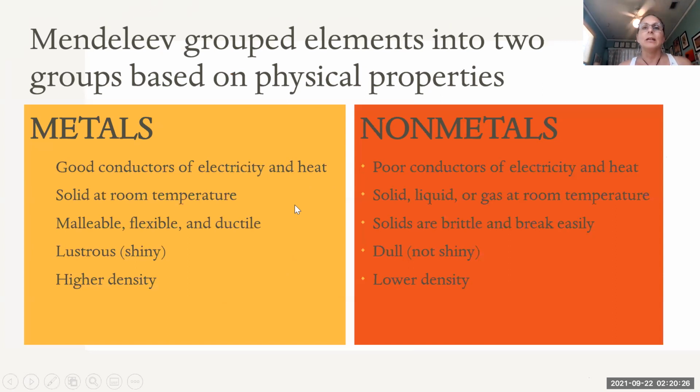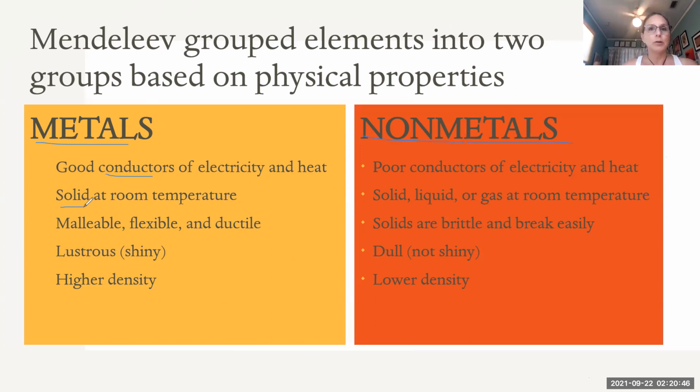From this, he decided to put the elements into two basic groups: metals and nonmetals. Metals are good conductors of electricity and heat. They are typically a solid at room temperature, and we always talk about states of matter.